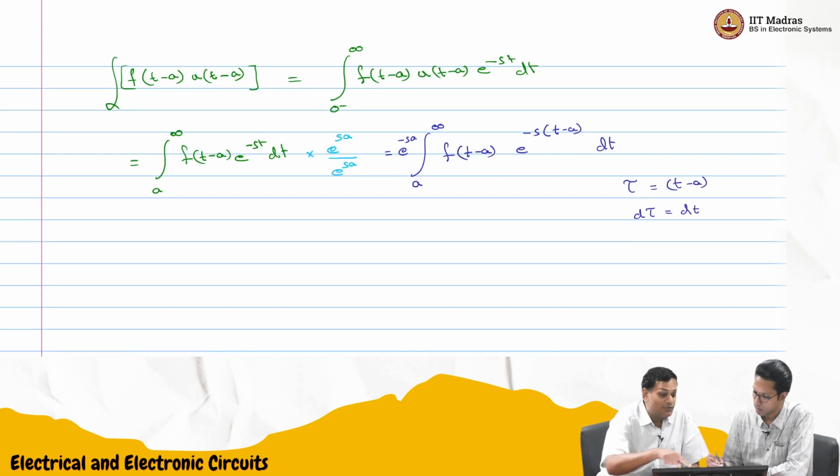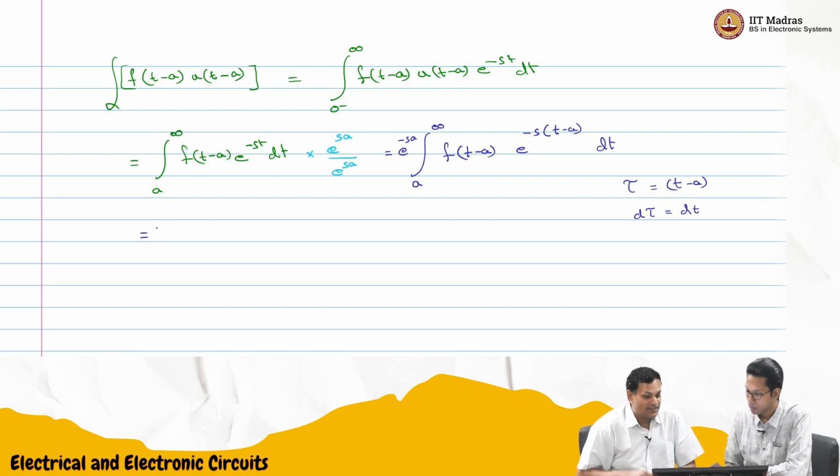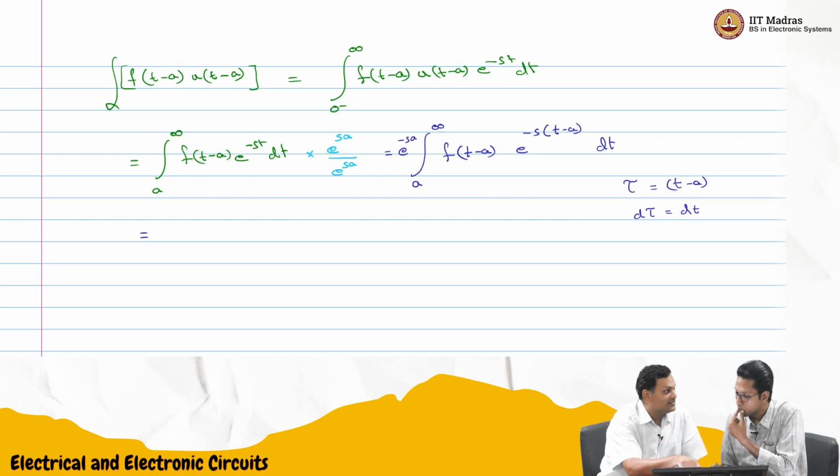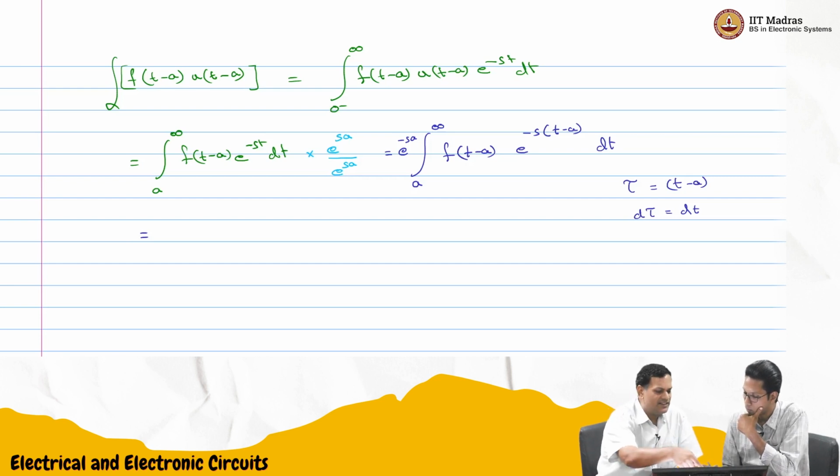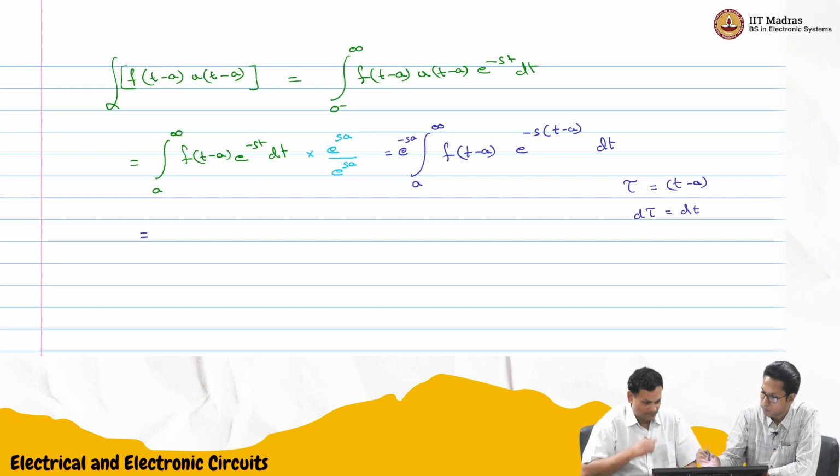Correct. Now we have to be careful. The limits of the integration will also change. When t is a, tau will be a minus a, which is 0. And when t is infinity, tau will be infinity. So the limits of the integral will also change. It's not that straightforward, I mean, it is once you know it.